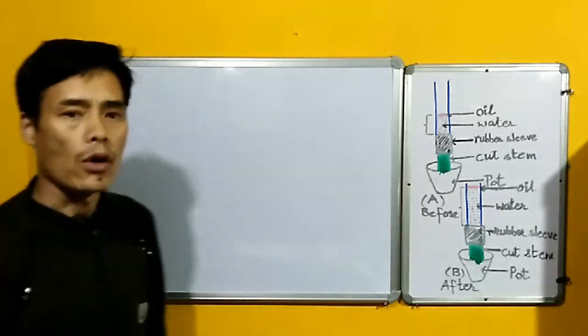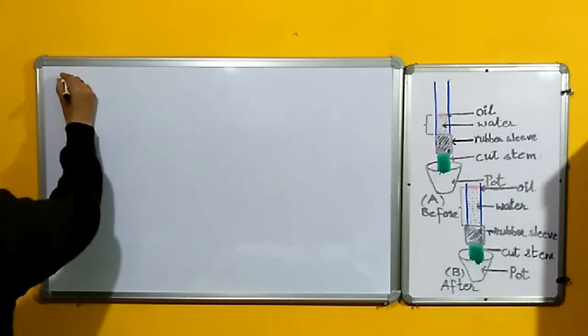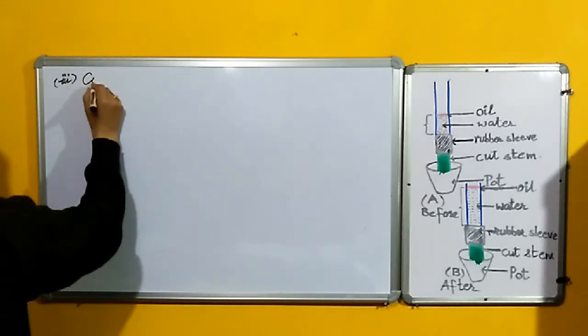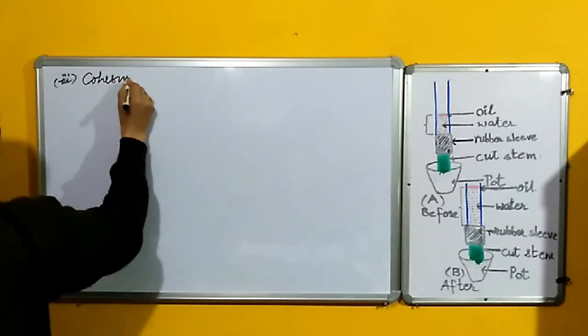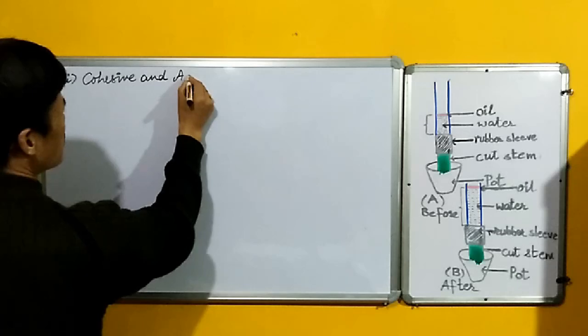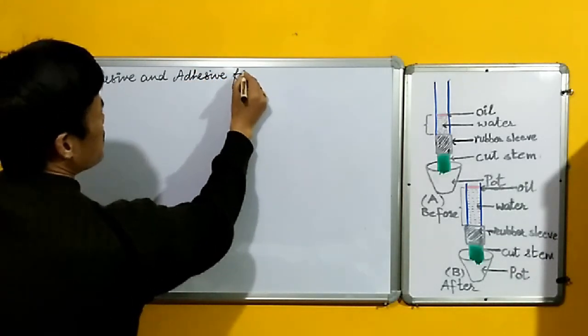The next kind of force that enables the upward movement of water and minerals is brought about by cohesive and adhesive forces.